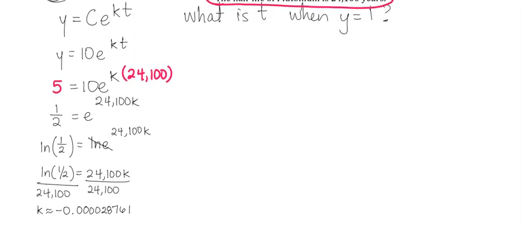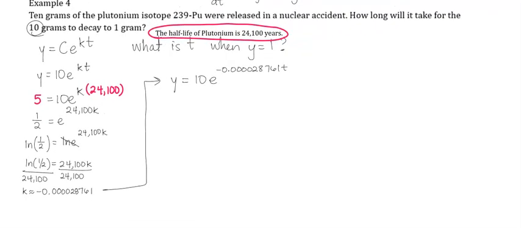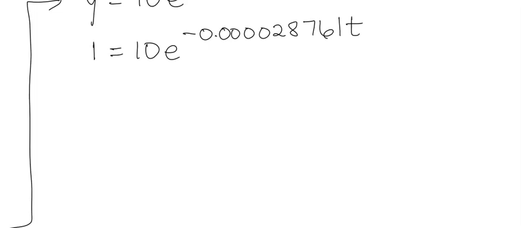So we get that the answer for our model is y is equal to C, we know is 10, that's the initial amount, e to the k we just found an approximation for, and k is multiplied by t. Remember that we were being asked how long will it take for 10 grams to decay to 1 gram. To figure that out, we need to plug in 1 for y, and then we want to solve for t. At this point, this is now a pre-calculus problem. We want to solve this exponential equation for t. I'm going to isolate the exponential by dividing both sides of the equation by 10.